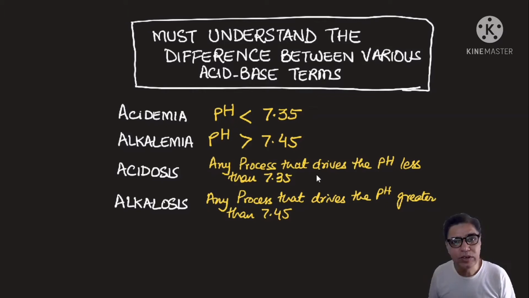Now, how do we interpret the acid-base status? We need a capillary blood sample or a venous blood sample, and we run it in the ABG machine. The ABG machine then prints a slip which has all these numbers on it, which helps in determining the acid-base status.